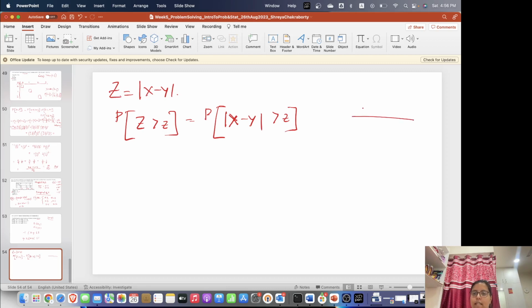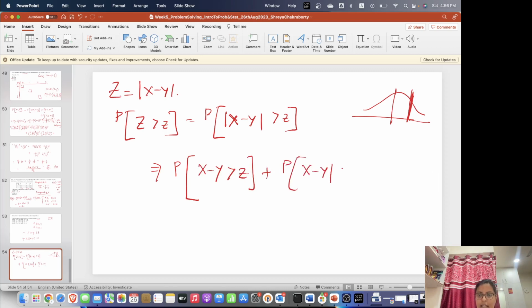So if let's say this is my modulo thingy, this greater than small z means that x minus y is greater than z or x minus y is less than minus z. Here you are applying total probability. No, here I am just applying modulus operation.